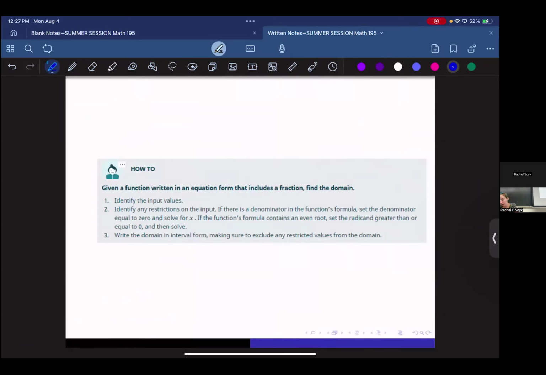So this is just notes on if you're given a function written in an equation form that includes a fraction, how do we find the domain? And that goes back to me always saying, do we have any restrictions? And if there is a denominator, aka fractions have numerators and denominators, then what value can never be in the denominator?